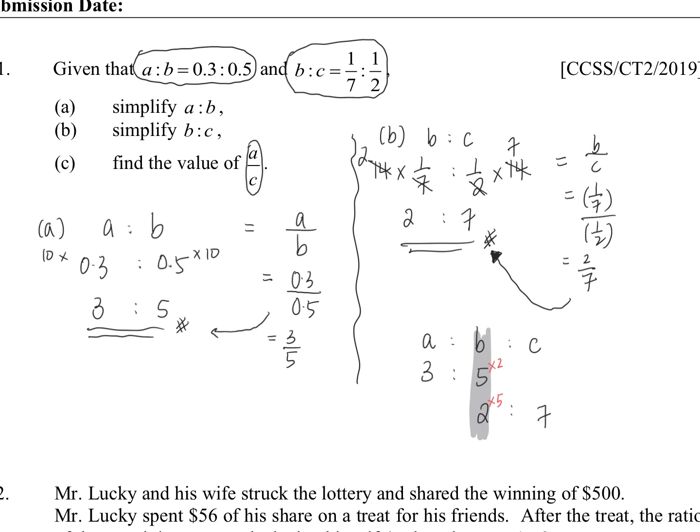Remember, the comparison is between these two. So if you multiply this by 2, you also must multiply this by 2. The other pair of comparison is between B and C. So if you multiply by 5 here, you should also change this to 5 units.